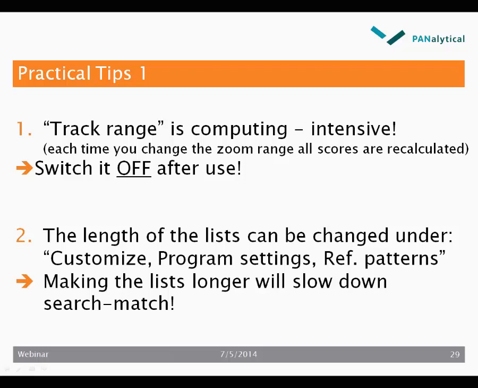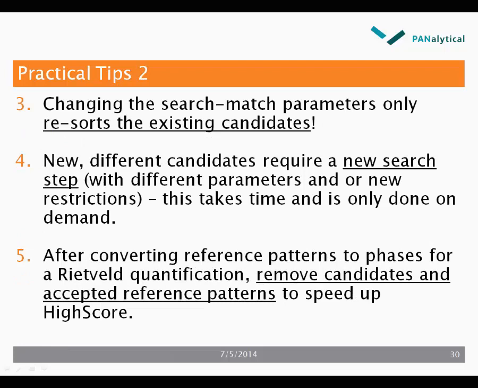Track graphics range is computing intensive, so you better switch it off after use. The length of the candidates and of the reference pattern lists can be changed under Customize Program Settings Reference Patterns, but making the list longer will slow down search match considerably. Changing the search match parameters only resorts the existing candidates list.